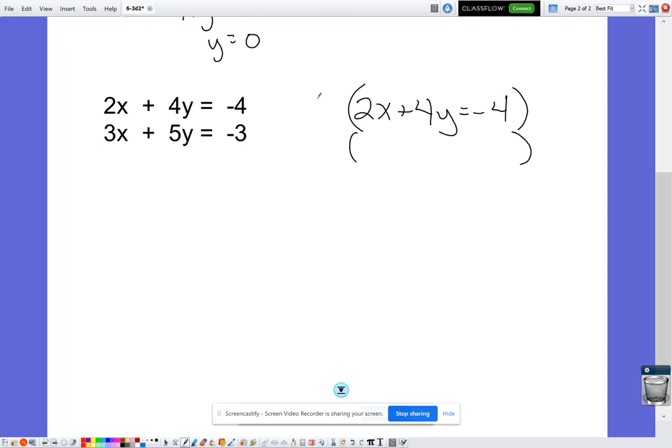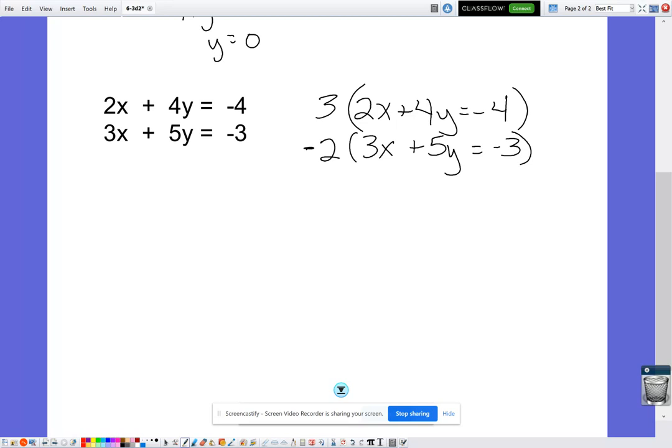To get rid of the x, you would multiply it by the 3x. Just by 3. Okay, and then to get rid of this x on the bottom one, I would multiply by 2. That will give me the same number.